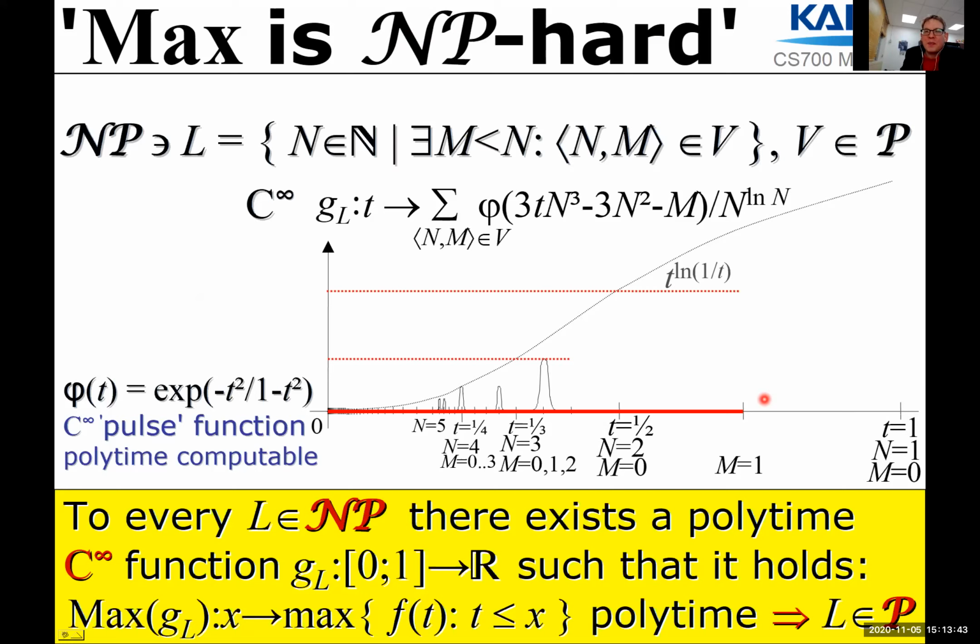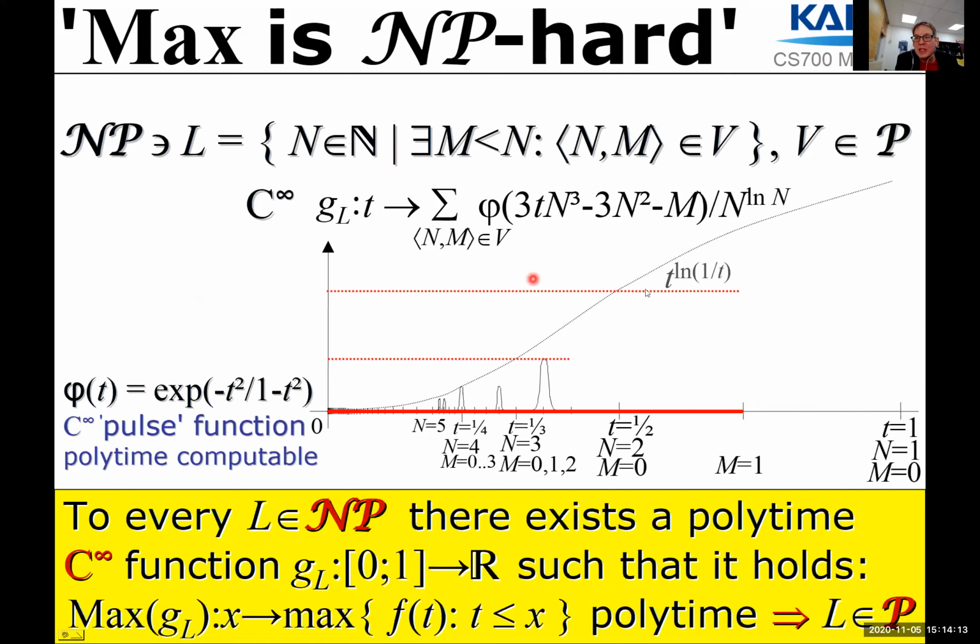And in the fourth step, we would encode the entire verifier into these various pulses and assert that the function is polynomial time computable, because at each position we are basically given both the input and the witnesses, right? So each position encodes an interval, and an interval corresponds to these pairs.